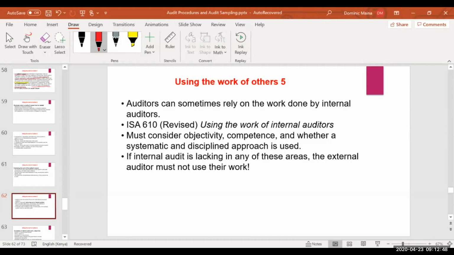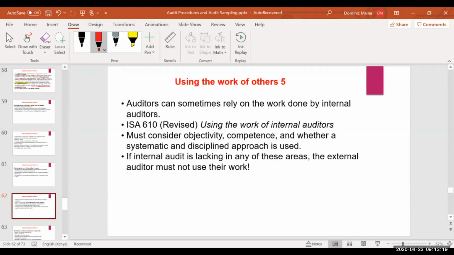And this is only going to apply if, for example, the client you're auditing has an internal audit department. There are quite many instances where you may want to use the work of the internal auditor. For example, you may want to use their report regarding the extent of operational effectiveness of the client's internal control system.